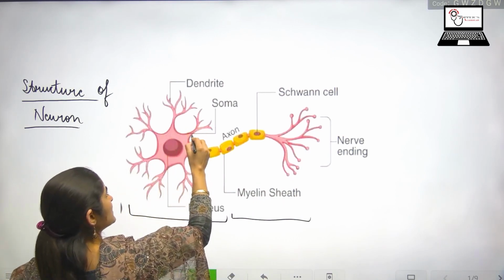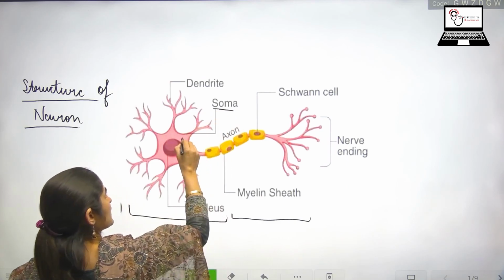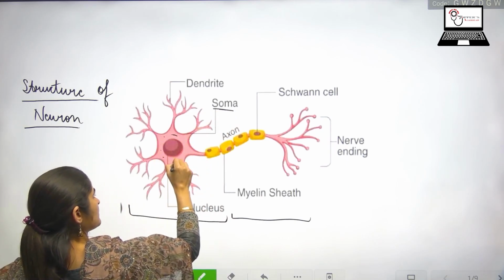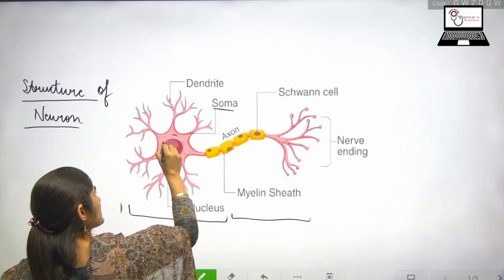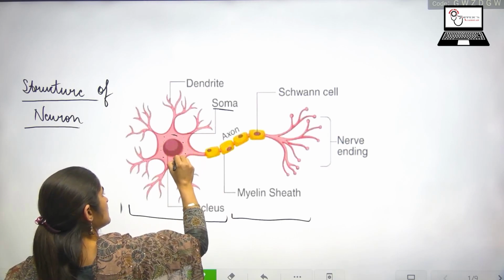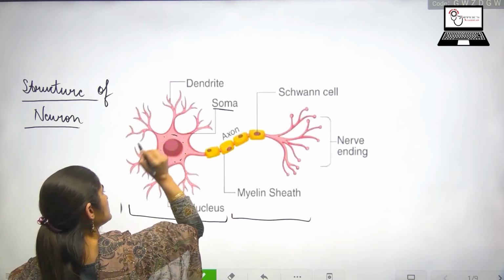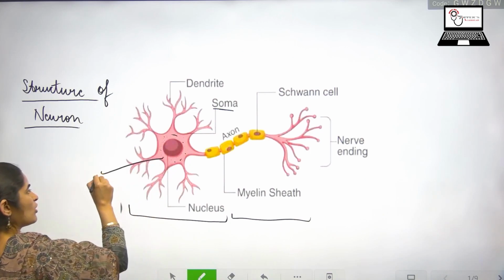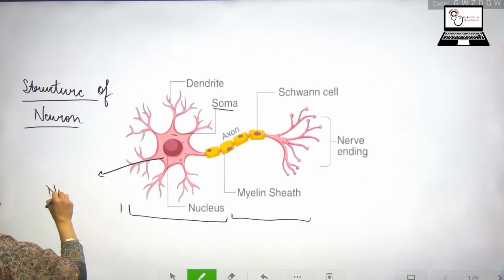It contains the soma. This is the soma, and inside the soma granules are present which are known as Nissl granules.